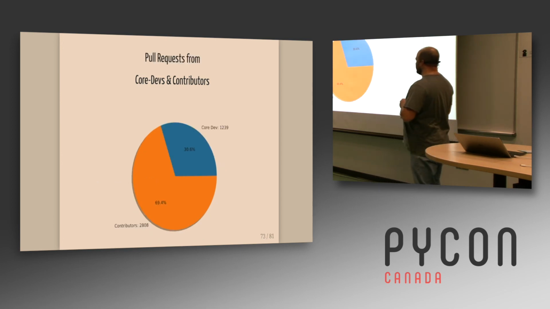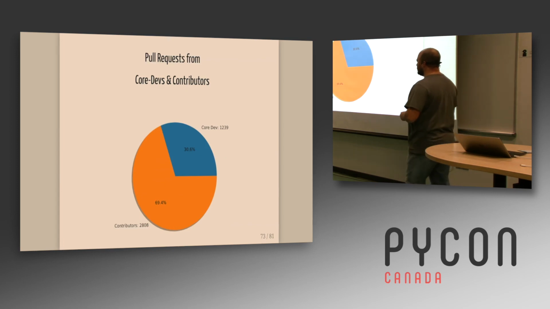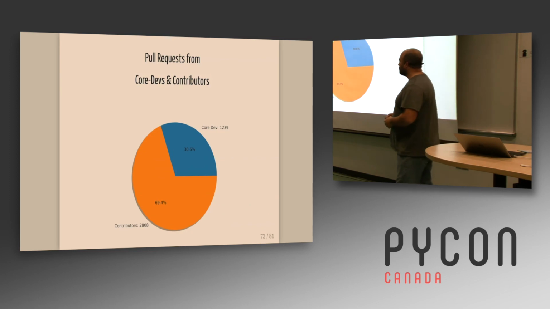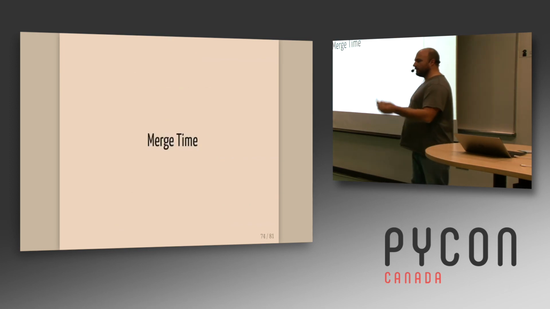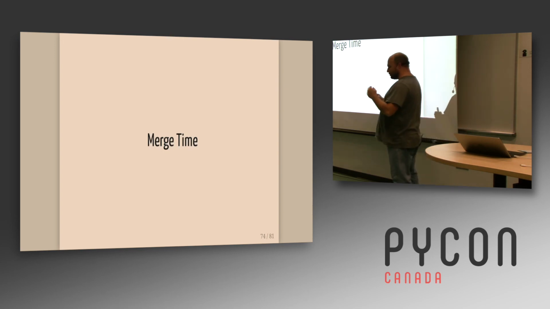Just for the pull requests, 70% of pull requests are from the contributors. That's great. For the merge time, we have a new system. Just one question: will the merge be fast or slow?